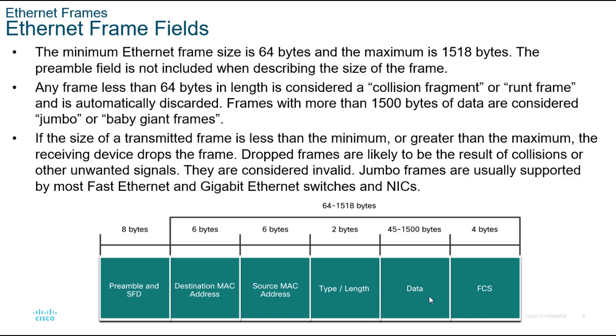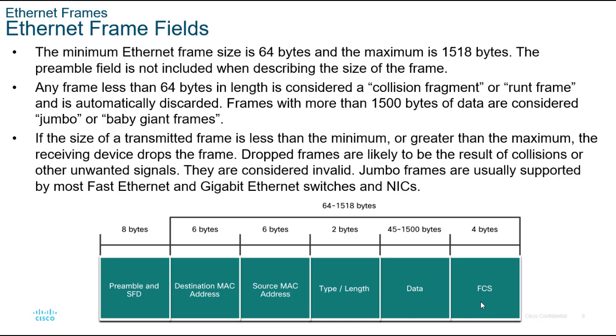Next comes the data field, normally 46 to 1500 bytes long, containing the encapsulated packet. If the packet is too small, this field can be padded with additional bits needed to increase the size of the frame to the required 64 byte minimum length.